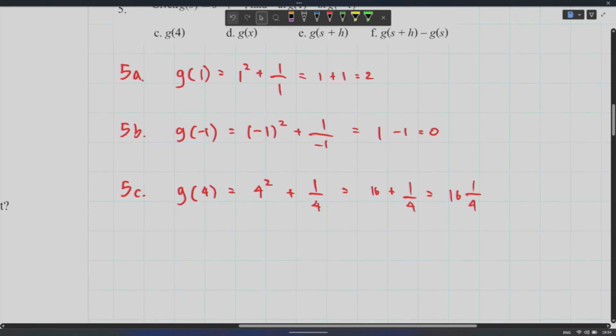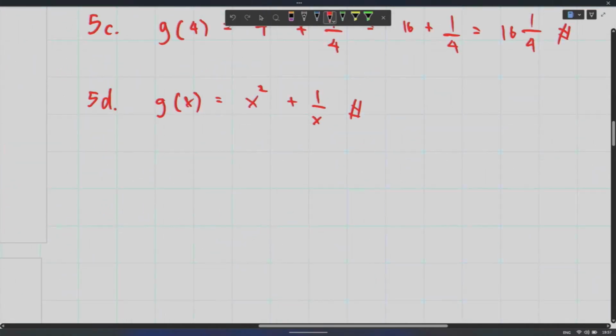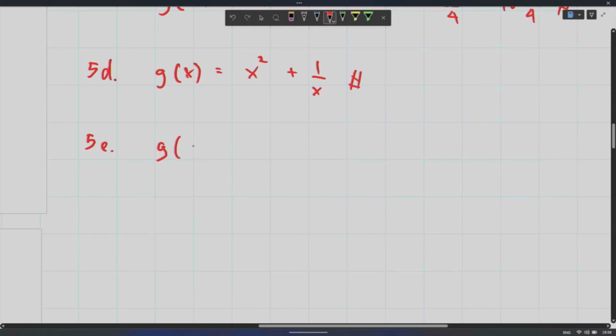Next is 5d. It is g of x. We can just substitute it: 1 over x. This is it. Okay, now for 5e is g of s plus h.